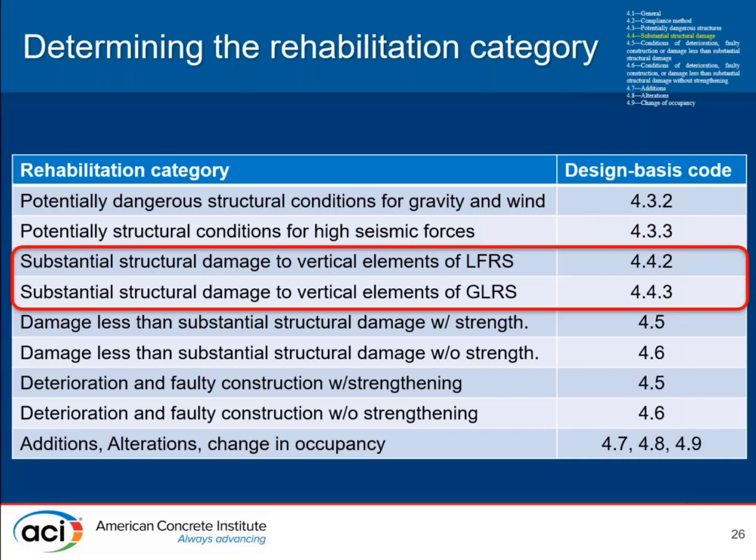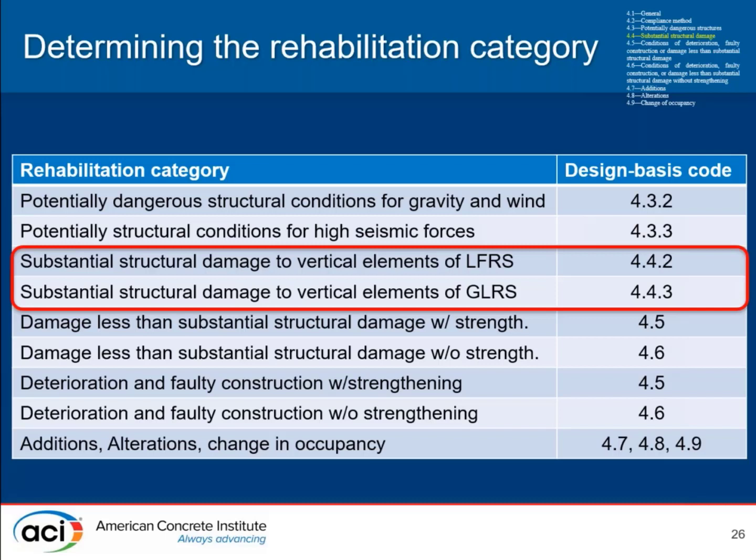Does that occur between damage less than substantial and substantial structural damage? Or does the structure become unsafe between substantial structural damage and potentially dangerous structural condition? So I think actually all of these conditions are unsafe structures, and the question is, what are you going to do about it?